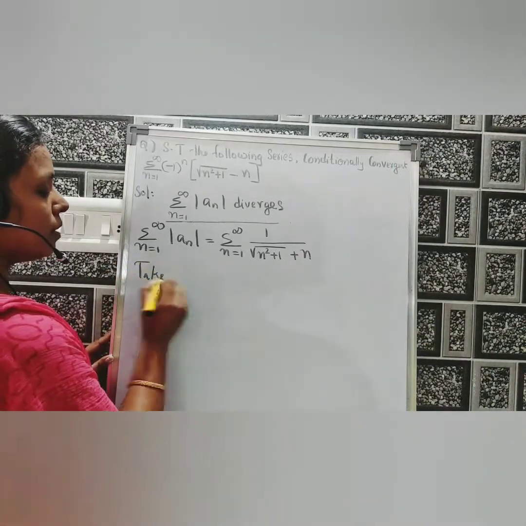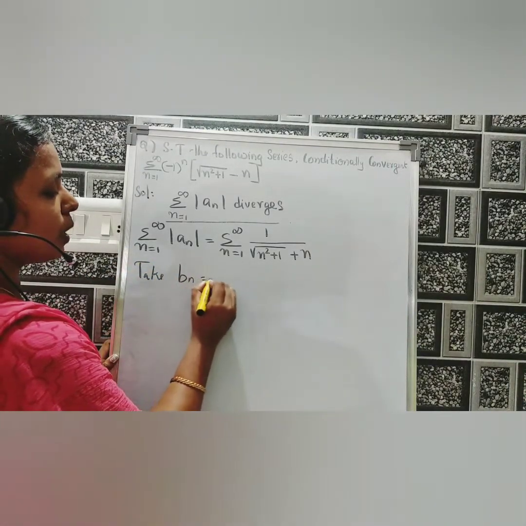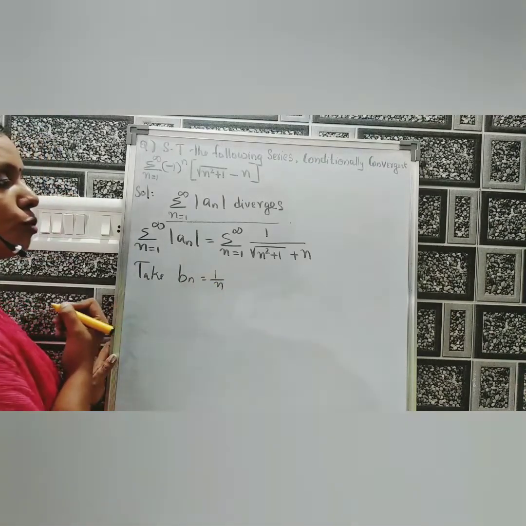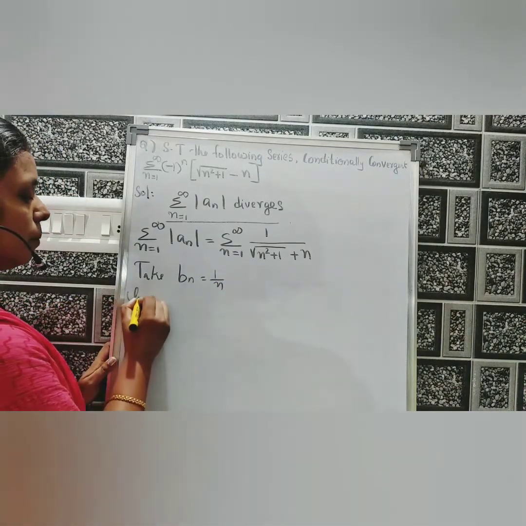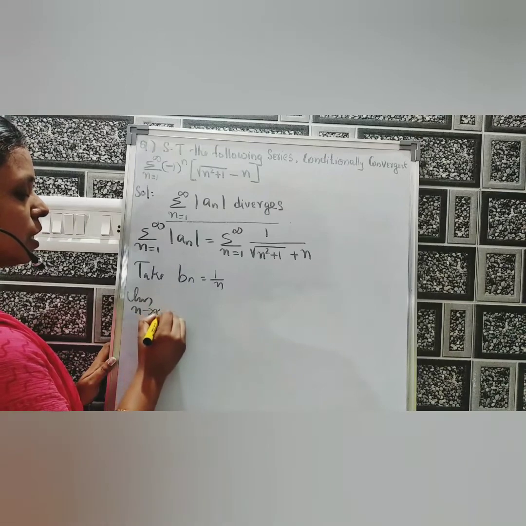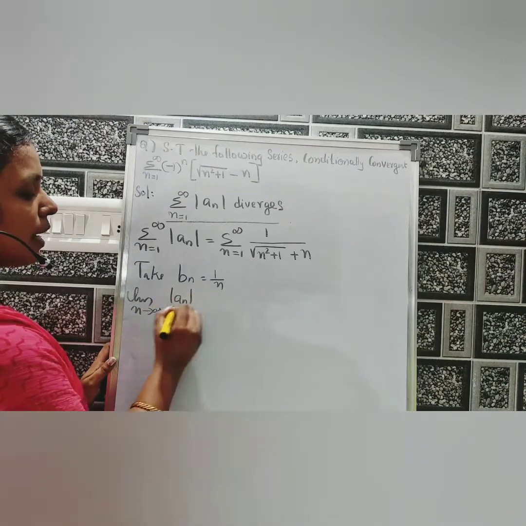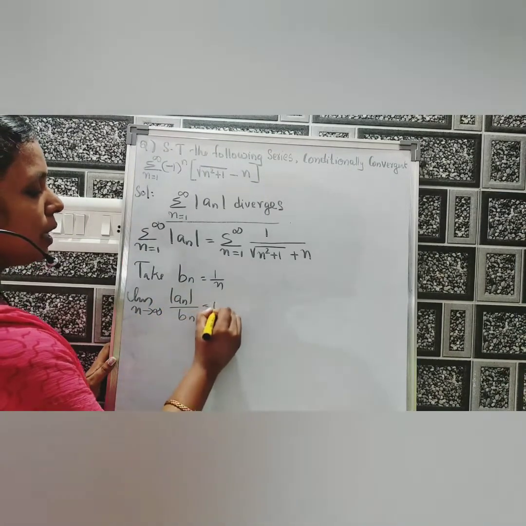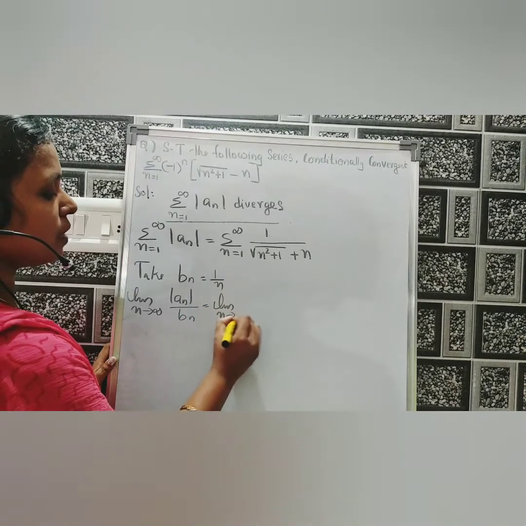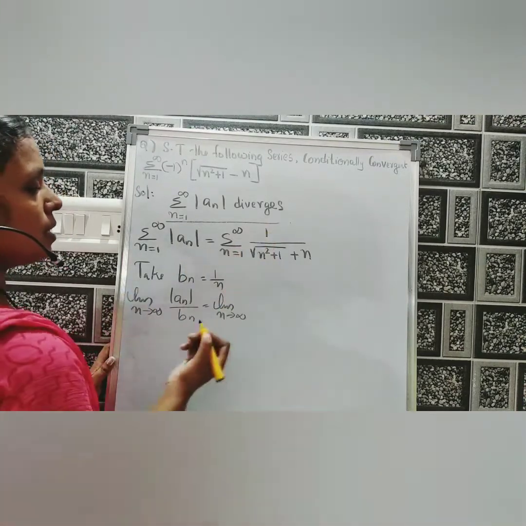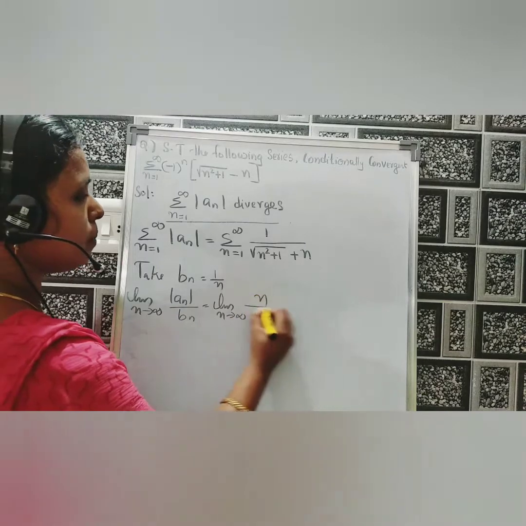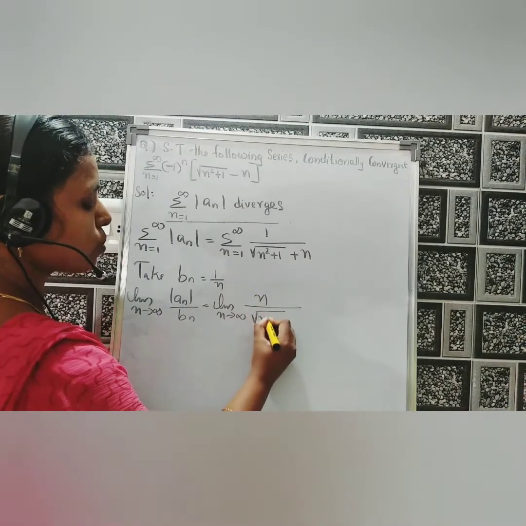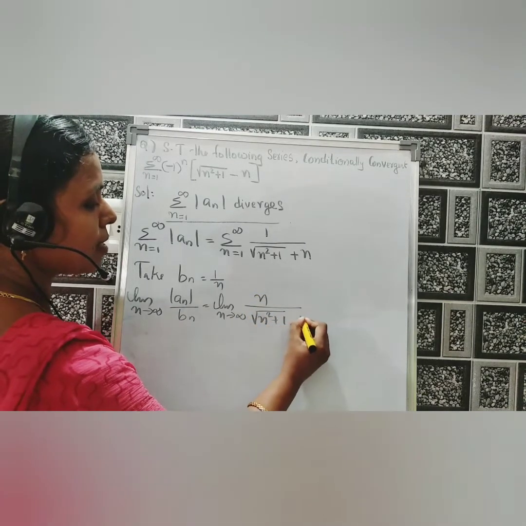Here we take b n is equal to 1 by n. Then limit n tends to infinity mod a n divided by b n is equal to limit n tends to infinity, where mod a n is this, we get n divided by root of n square plus 1 plus n.